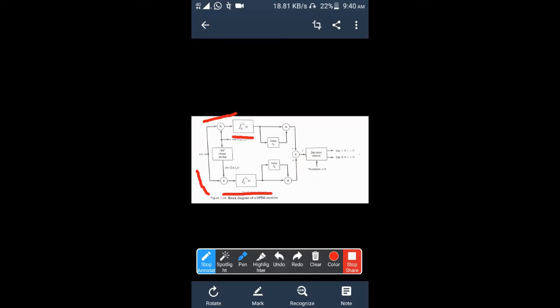When you multiply cos and sin together and integrate, you will get 0 because they are orthogonal. Two different signals multiplied will always produce 0. So what is the output here? The output is simply cos theta. Here the output is simply sin theta.